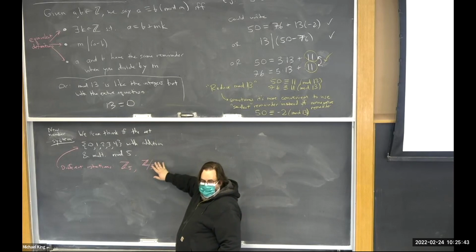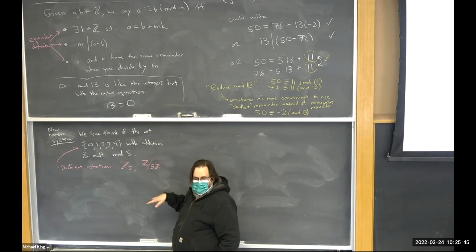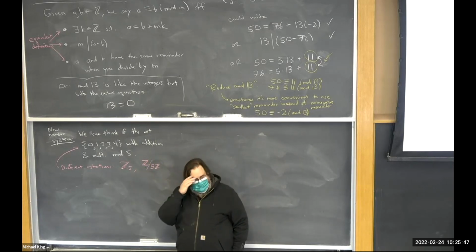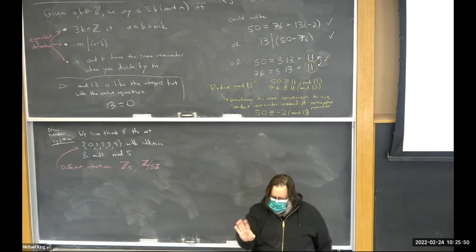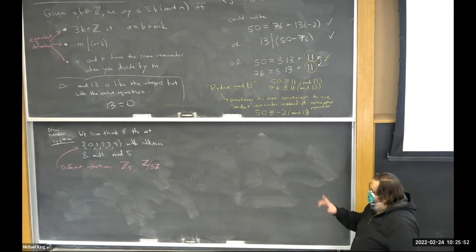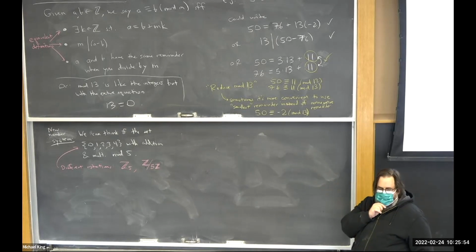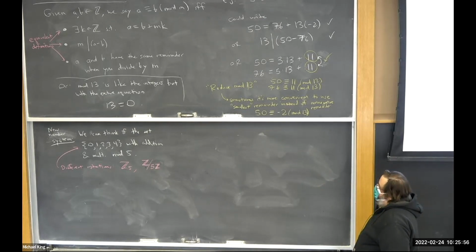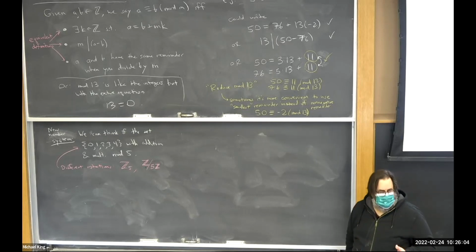You're dividing out all this stuff to make it all 0, and then that's what you're left with. I'll say a little bit more about that at some point, because I will give a formal construction of this once we know about equivalence relations. But yeah, we can really think about these things as their own number systems.